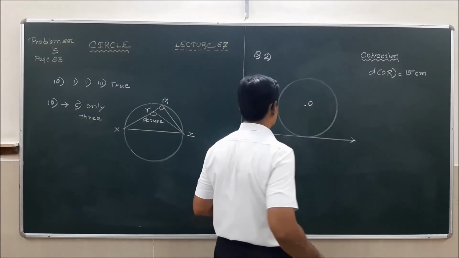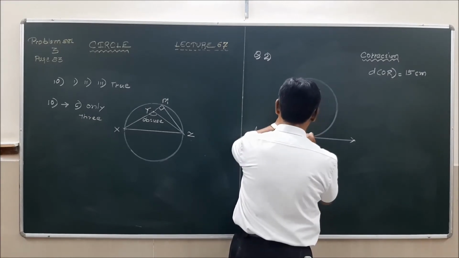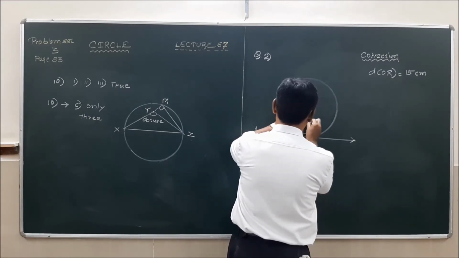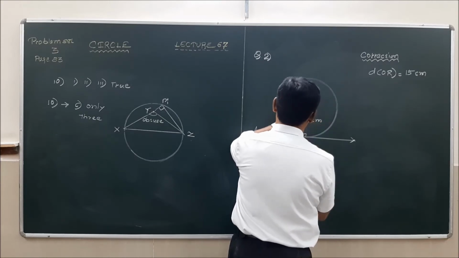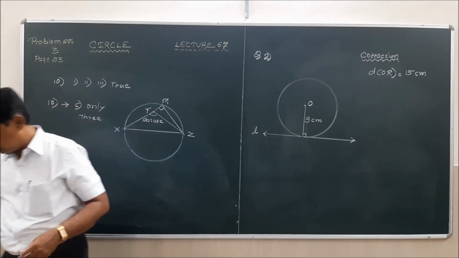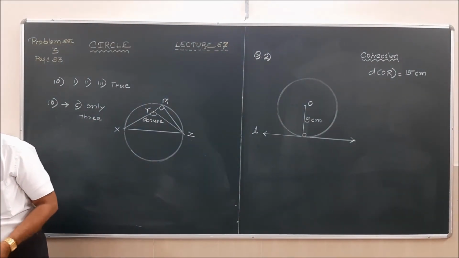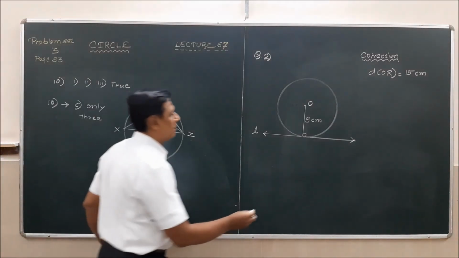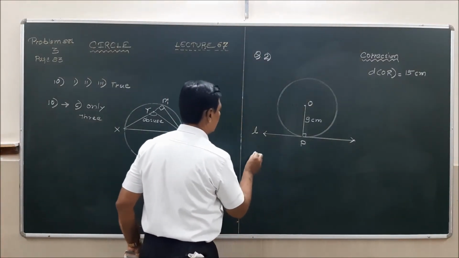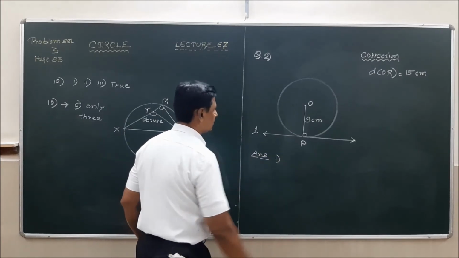O is the center point. The radius is given as 9. And the point of contact is P. Three questions are given over here.